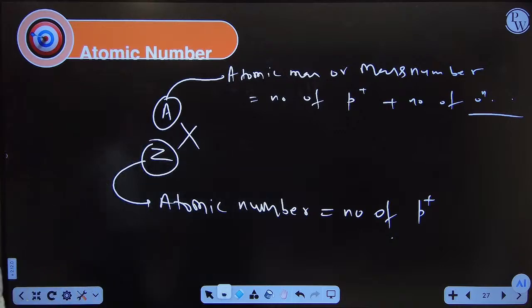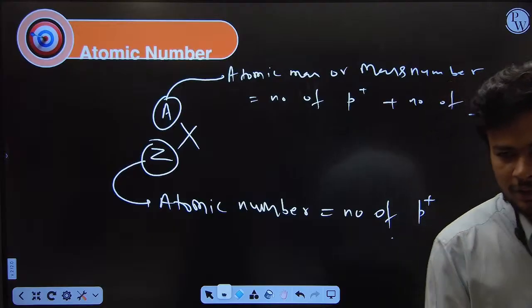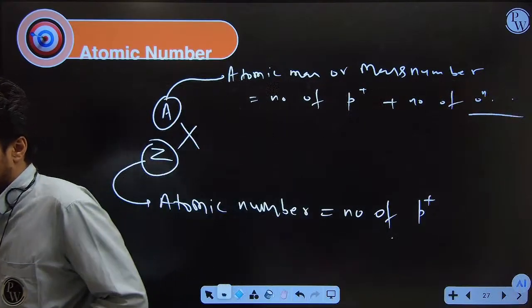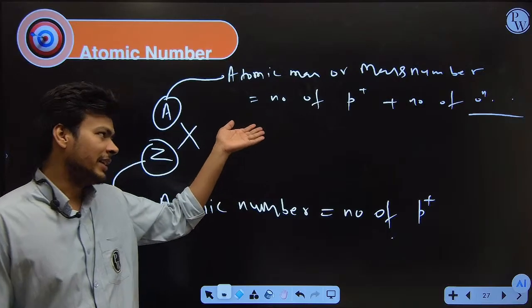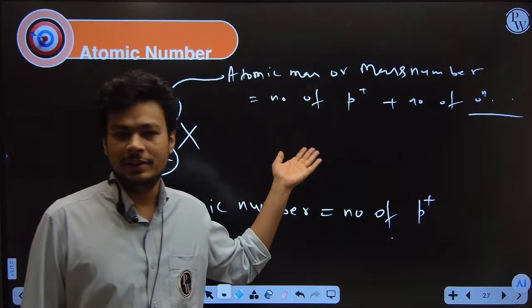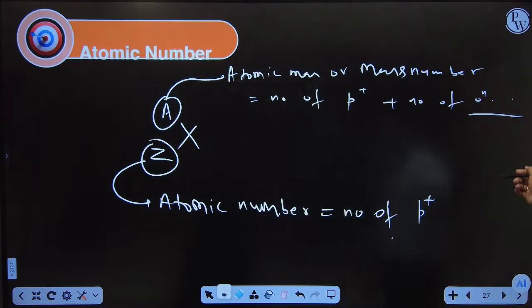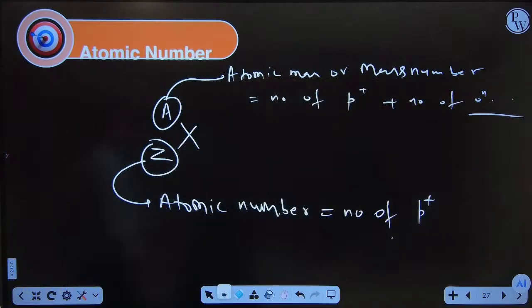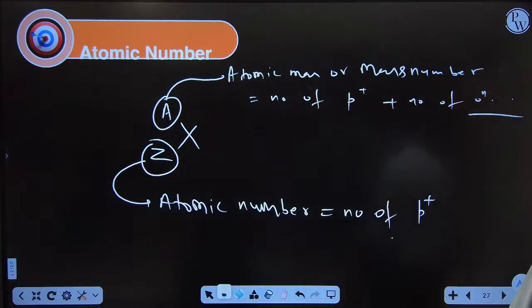Now, that's not fair. You are neglecting the electron, but in all chemical reactions, in the entire chemistry, we will be dealing with electrons only. We never talk about the nucleus. But now we are not considering the electron in mass. How unfair? Why? Negligible, right? Yeah. Correct.